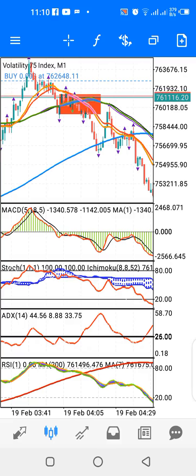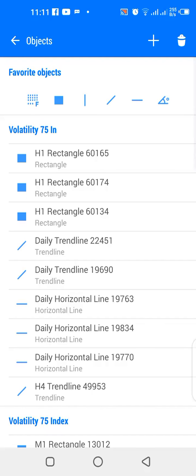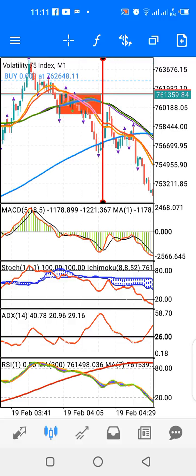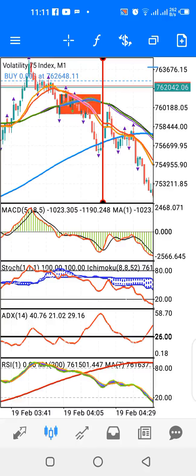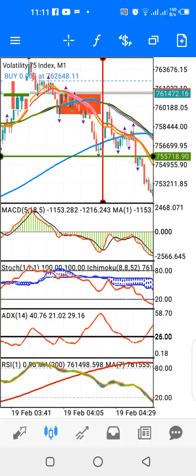All right, your signal will have been confirmed somewhere around here. It has been confirmed that you have a crossing around here. So if you enter your trade on this line, you can enter your trade here. You can enter on breakout.